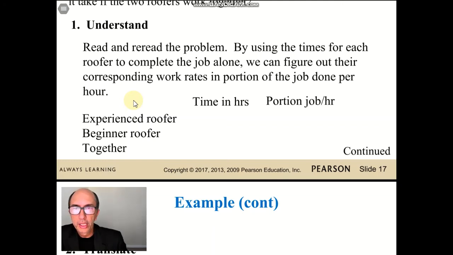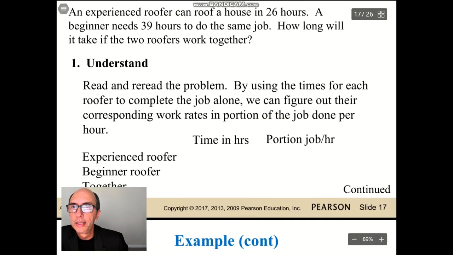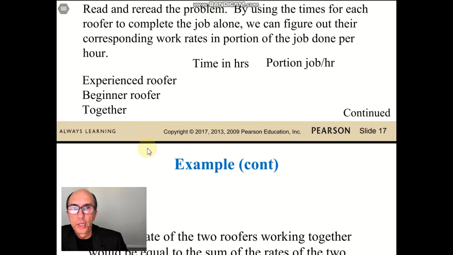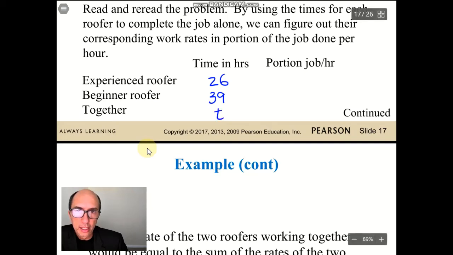So the time of the experienced roofer is 26 hours, right? The experienced roofer spends 26 hours working the whole roof, and the beginner spends 39 hours working. Together they're going to spend T hours. We don't know yet. We want to calculate it, right?